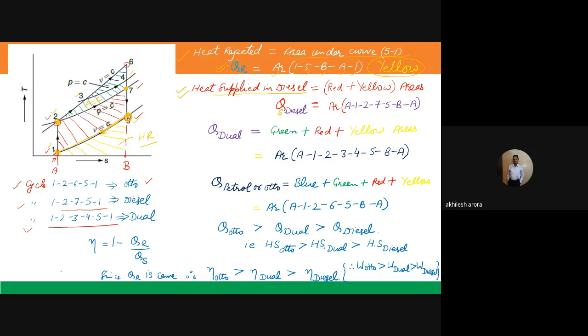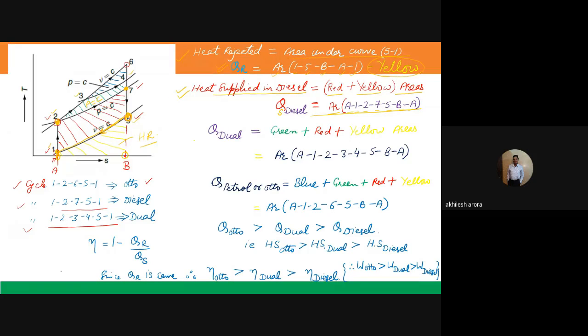So I can say easily that it is the area A-1-2-7-5-B-A. You can read the numbers here; I have written this point as A, this point as B. So this is the heat supply in the case of the diesel cycle.